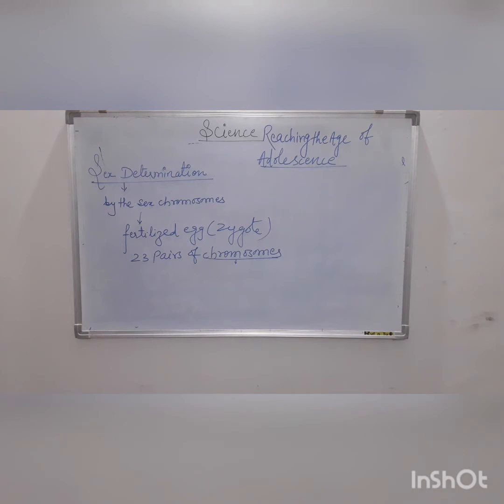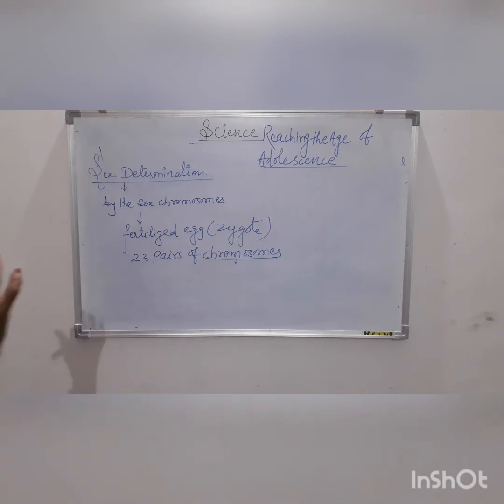During cell division, these chromosomes become condensed, short and stout, and you can see them in the form of chromosomes. Otherwise, you can see them in the form of a chromatin network.